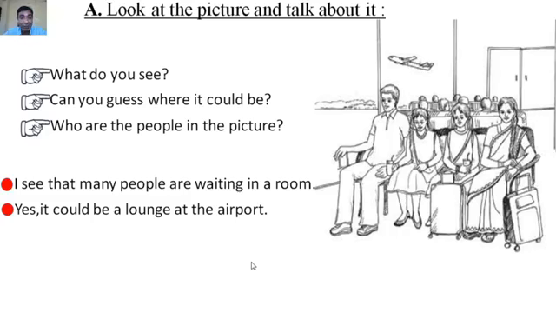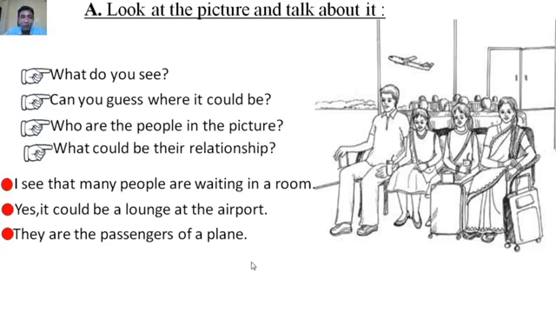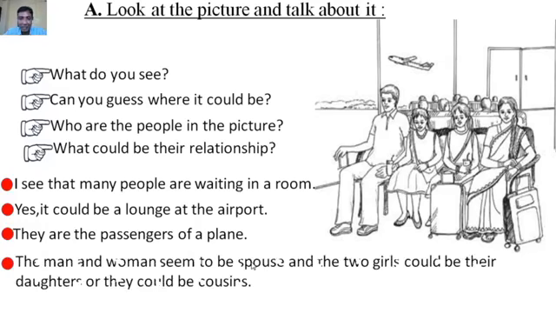Yes, they are the passengers of a plane. What could be their relationship? The man and woman seem to be spouses, and the two girls between them could be their daughters, or they could be cousins.